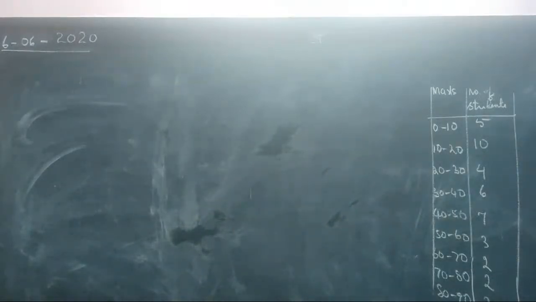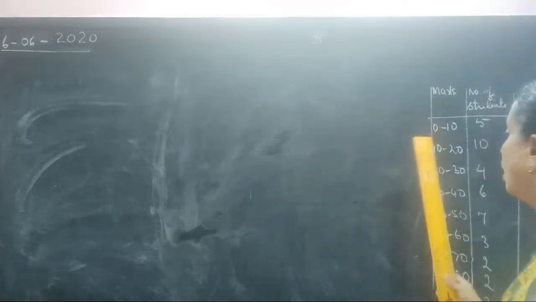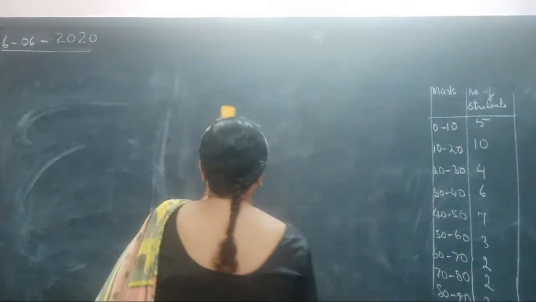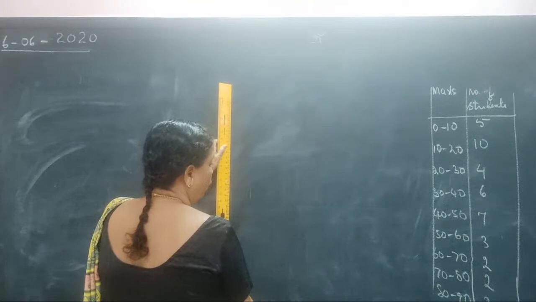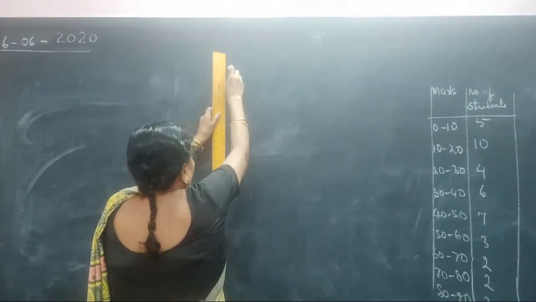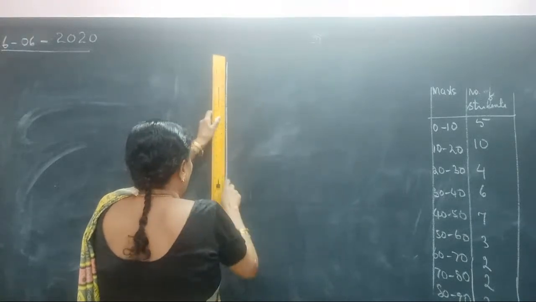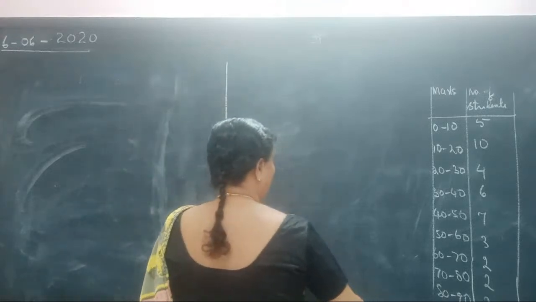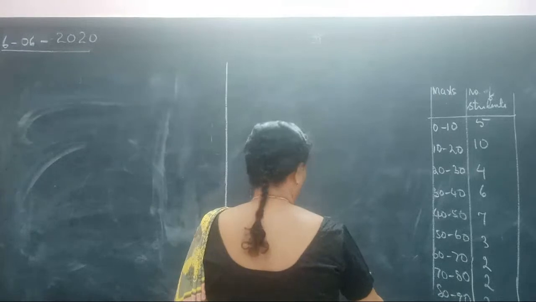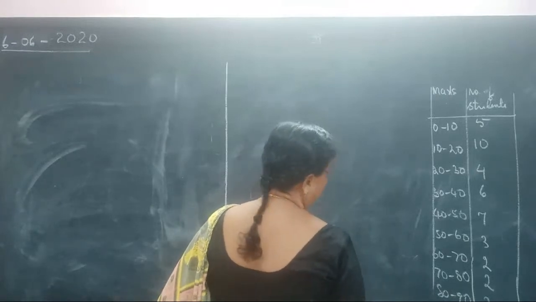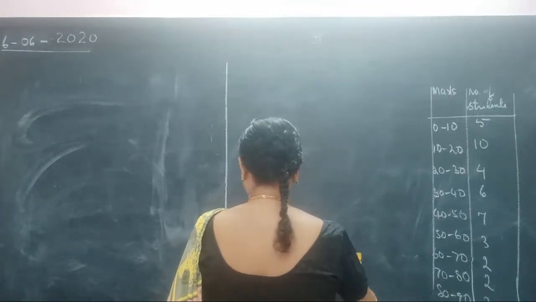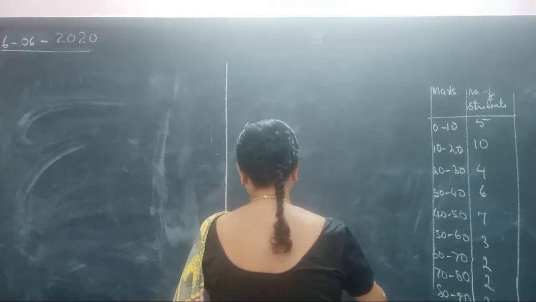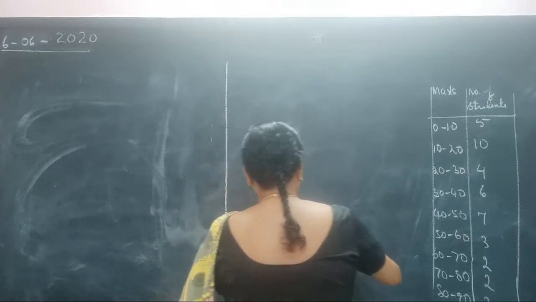On the x-axis it is marks, on the y-axis it is number of students.